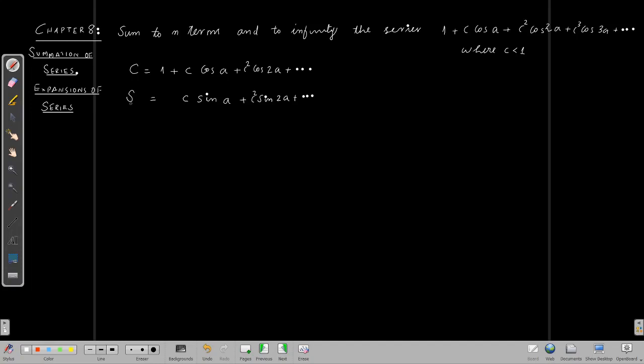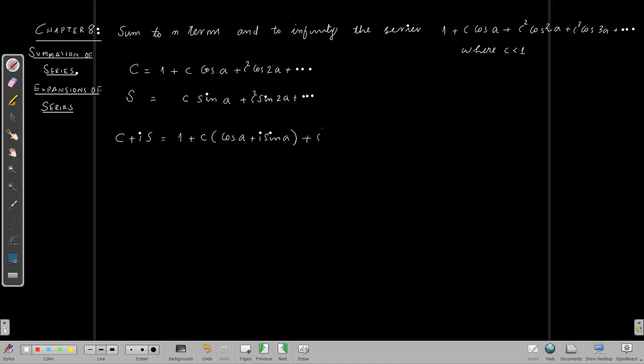If you define a new series in this manner, you can get C plus iS as 1 plus, multiplying this by i, c can be taken out, then this will be cos A plus i sin A. That is the second term of the sum.